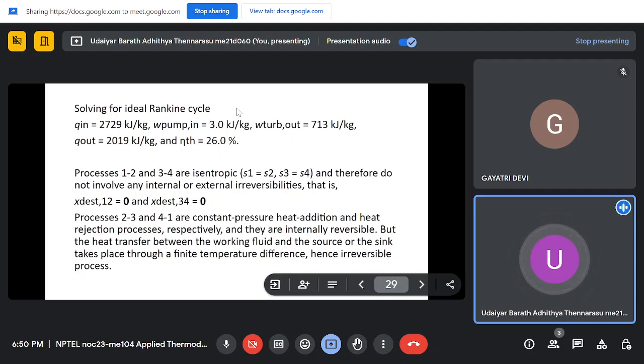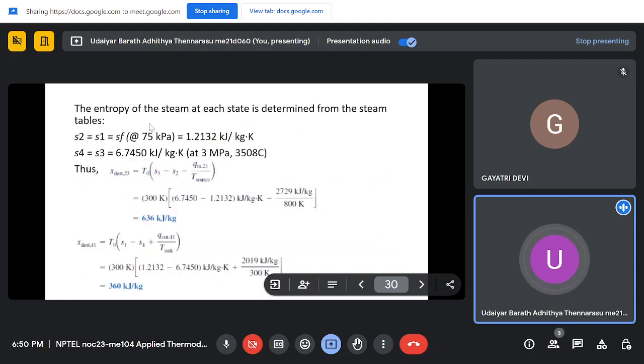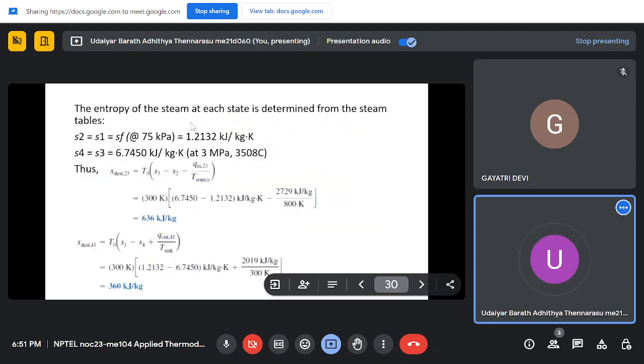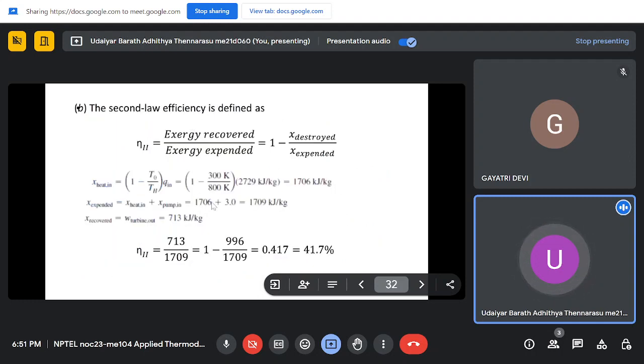The exergy of the boiler is Q in minus exergy destroyed. Q in is 2729 and exergy destroyed is 636, which comes out to be 1706 (2729 minus 636). So the total, pump plus boiler, is 1709.